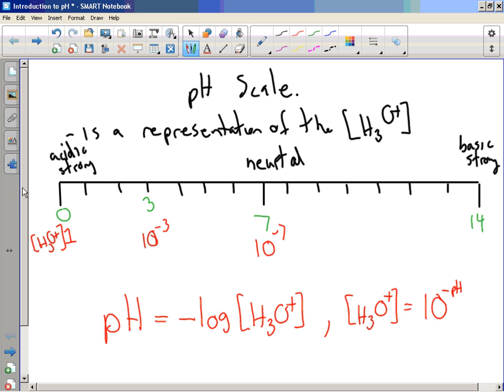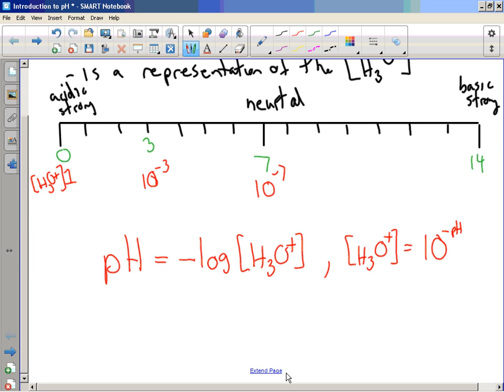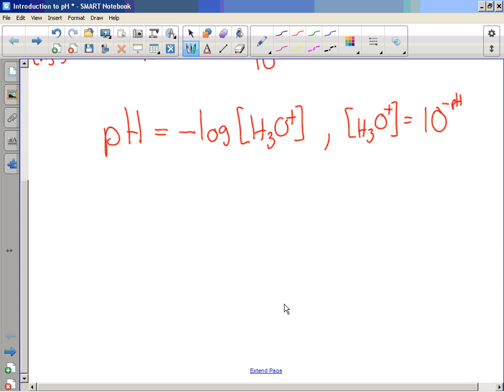Let's do some example calculations here for a moment. Let's start with figuring out the H3O plus concentration. So I'm going to change colors here. I'm going to put example. I'm going to put here, determine the concentration of H3O plus. And we'll start with A, and the pH equals, and we'll just make it 5.